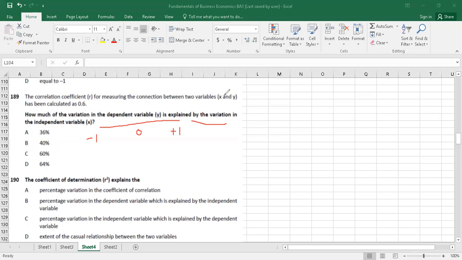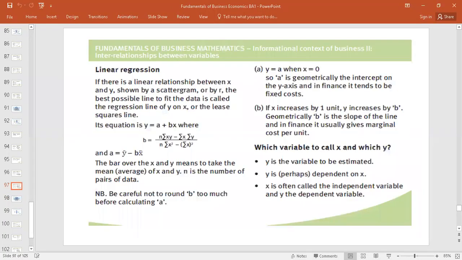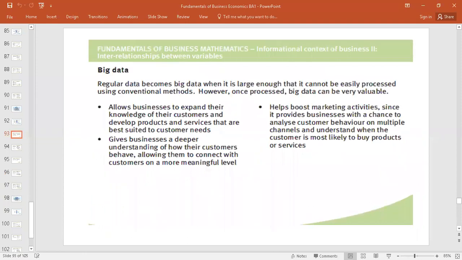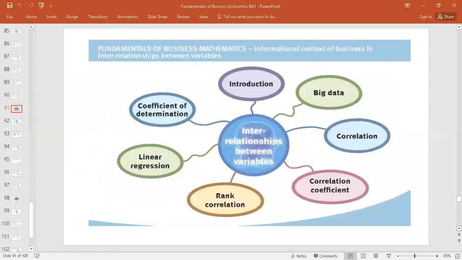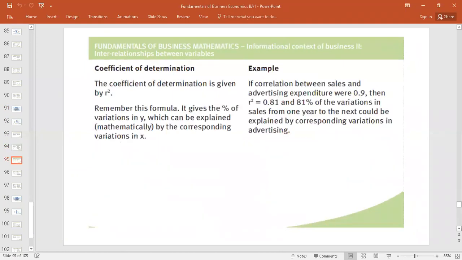So I am taking you to the PPT because we have learned about a concept called coefficient of determination.